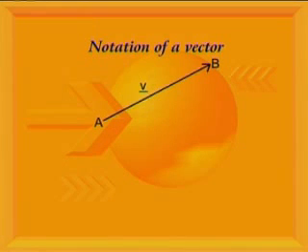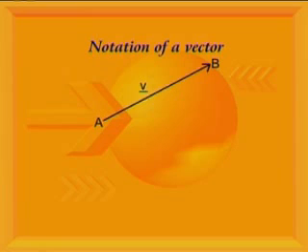So here is a line segment AB, which has an arrowhead at the point B. B is called the head and A is called the tail. The direction of this line segment is the direction of the vector. The distance between the points A and B, the length of the segment AB, is the magnitude.